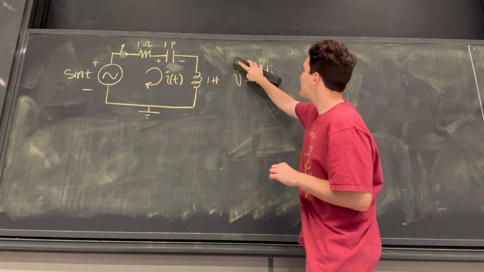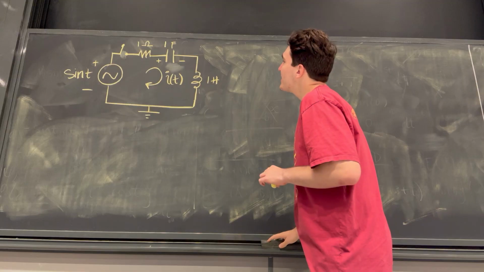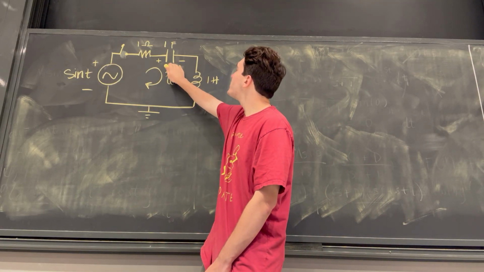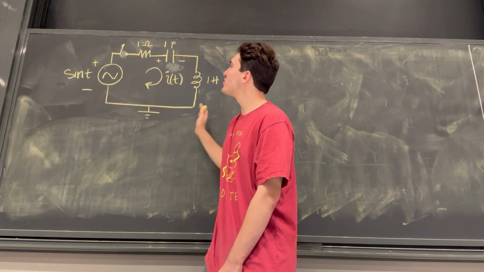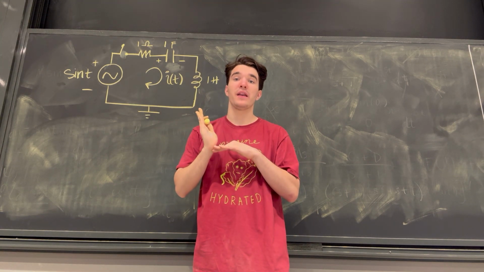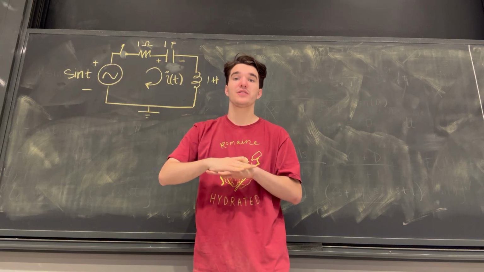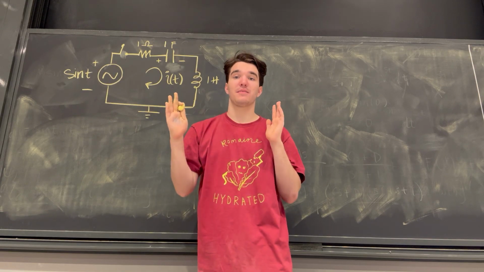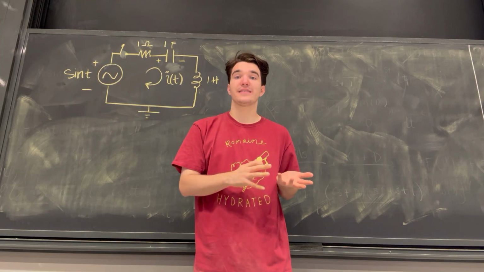So what does that say about the initial conditions? Well, the initial conditions are pretty straightforward. Both the voltage across the capacitor and the current through the inductor must be 0 before the switch is closed, just because the circuit is open. And once the switch is closed, those quantities cannot jump up to something at time equals 0, for the reasons I just said.